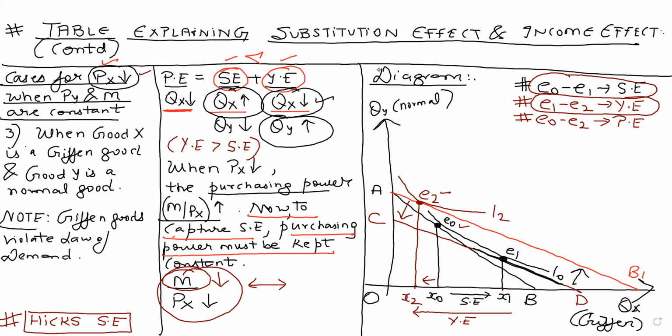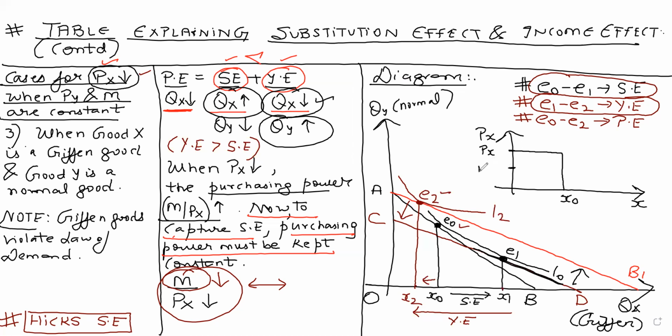So if I draw the demand curve, how will the demand curve look like? This is good X. This is the price of good X. This was the initial price and this was the initial combination X0.